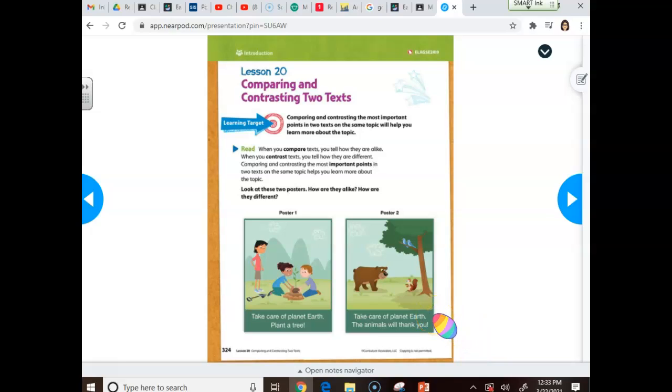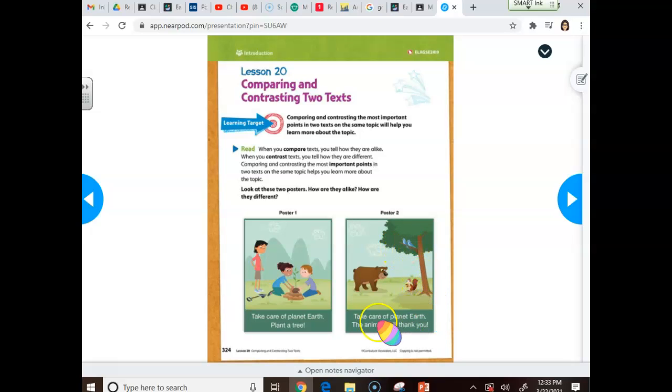Take care of the earth. All right, can we learn things from the pictures that the words didn't tell us? Sure we can.